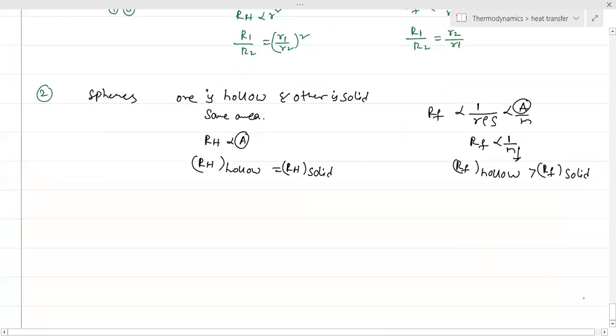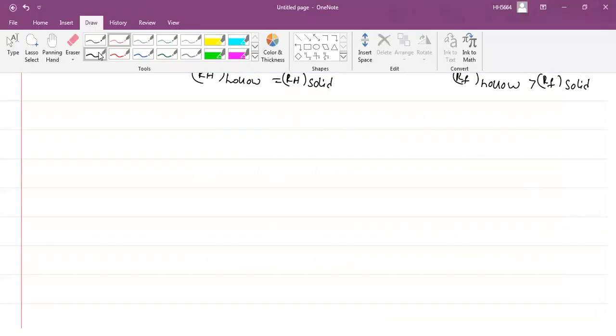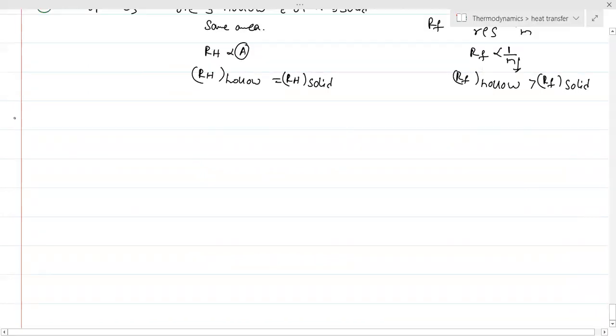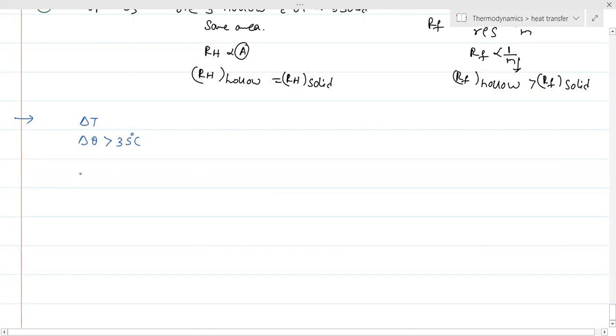But the last application of Newton law of cooling is whenever the temperature difference between the body and surroundings, delta T or delta theta, is more than 35 degrees centigrade. In such a case, how will we take it? Now I'm taking the discussion.